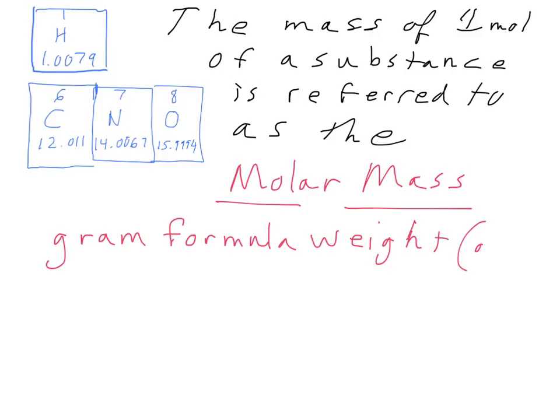You'll see it abbreviated in textbooks, GFW, or a lot of times you'll be reading a paper. I see it a lot in biochemistry where you're reading a paper and they're talking about a protein and you'll see a number after the name of that protein in parentheses and it'll say GFW. They're talking gram formula weight, and that's a synonym for molar mass.